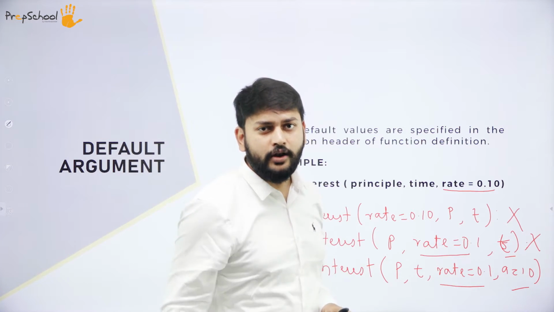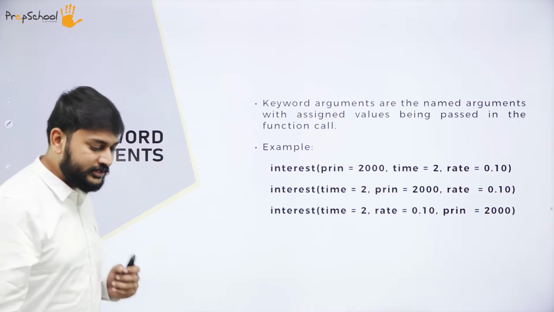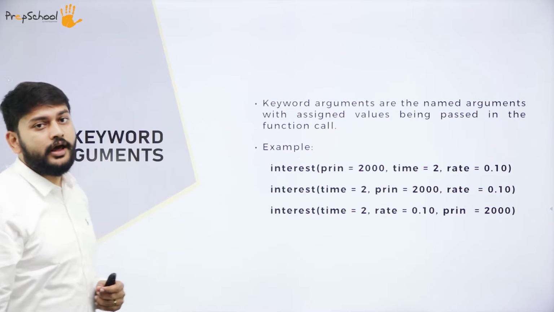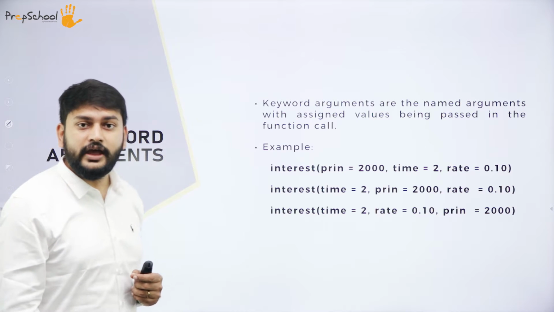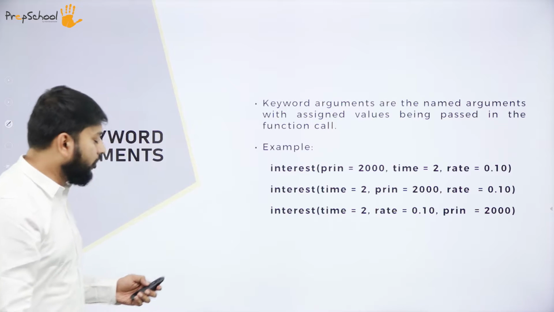The important one more we have is keyword arguments. Why do we have keyword arguments? What are the reasons that we have them? Please understand. Let's go back to the default arguments.